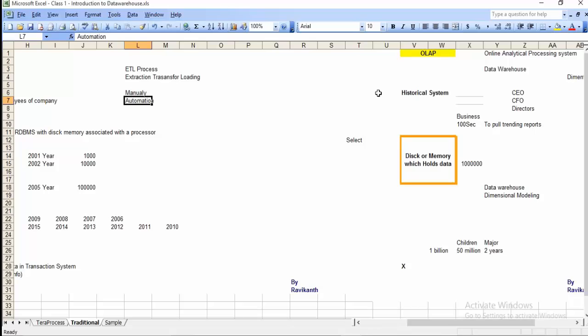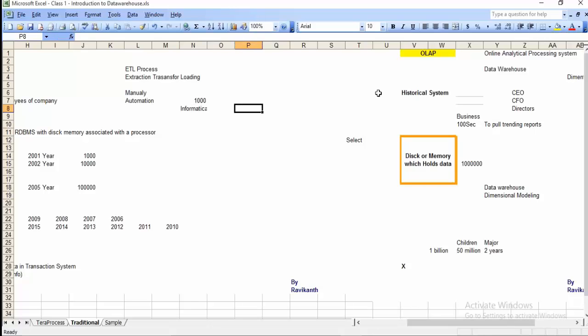You have around thousands of automation tools in the market to perform this extraction, transformation, and loading process. Out of these 1,000 tools, Informatica is one tool which is used by many organizations.